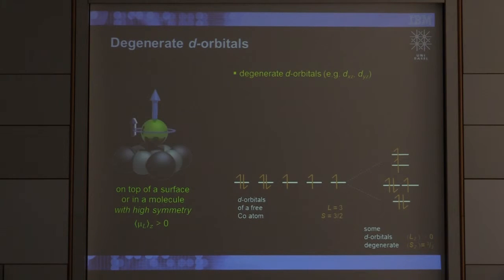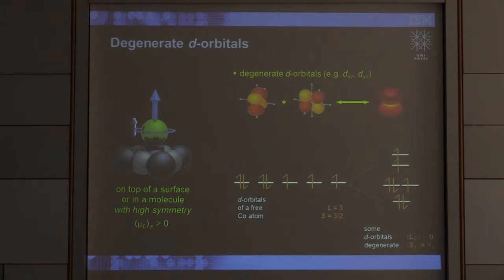Now, what happens if you had a situation where some of your orbitals were degenerate? For example, here I drew it where two levels are degenerate and one electron basically is shared between these two levels.